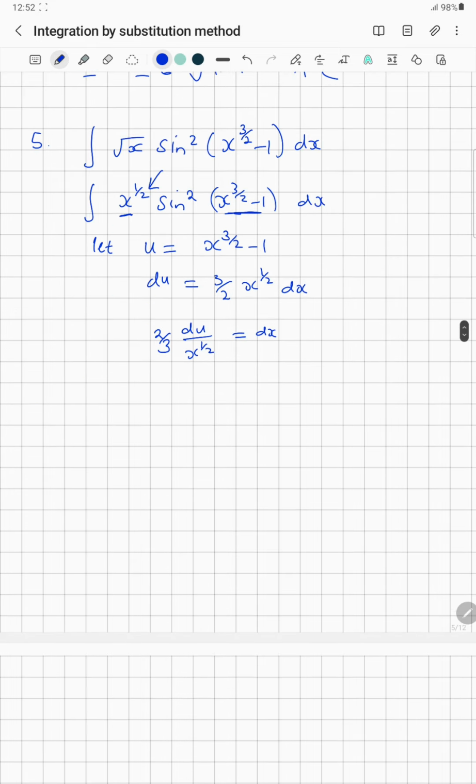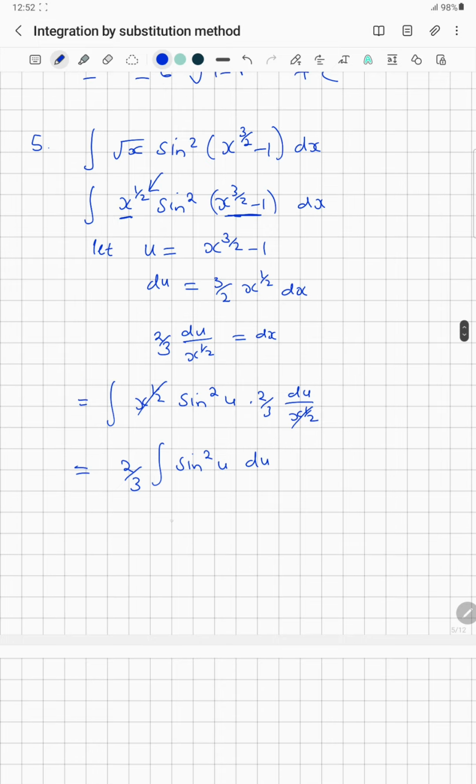We can do that substitution, which is going to give us integrate x power half sine squared of u, then our dx we replace it with 2 over 3 du over x power half. This and this we are going to cancel out. We can take 2 over 3 outside, so we are going to have 2 over 3 integrate sine squared of u with respect to du.